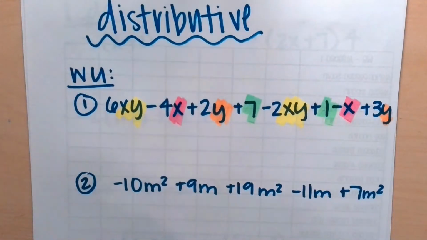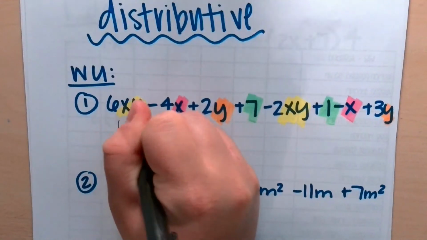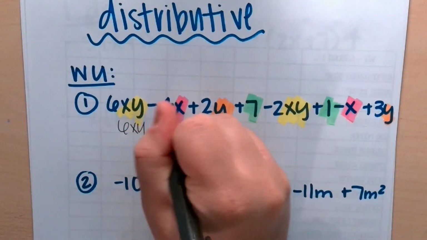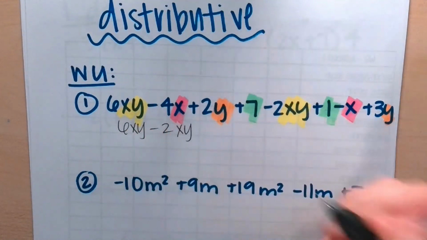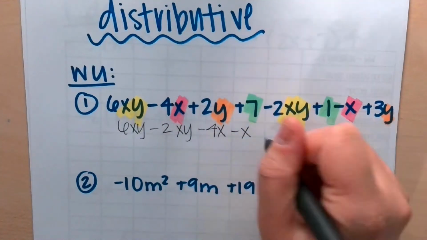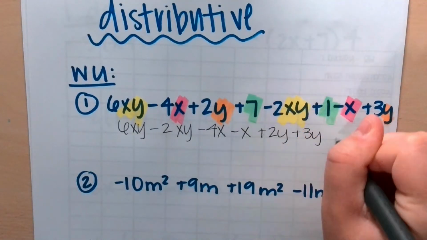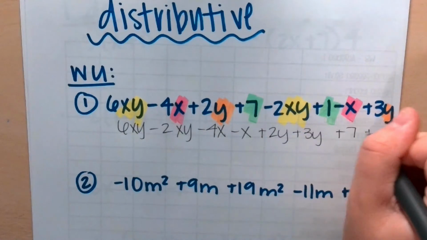Then I like to rewrite them so that my like terms are next to each other. So 6xy minus 2xy minus 4x minus x plus 2y plus 3y plus 7 plus 1.